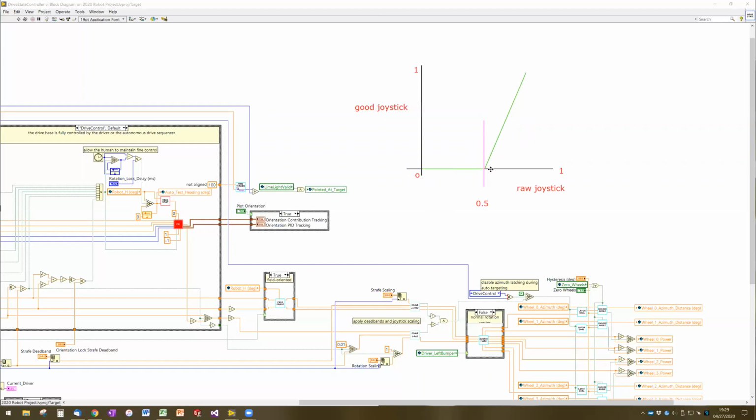This essentially remaps the joystick so that you're ignoring the first part of the joystick, but you can still use the second half of the joystick range in order to take the full range of power levels, so you don't get that jump. Does that make sense? Does anyone have any questions about deadbands?